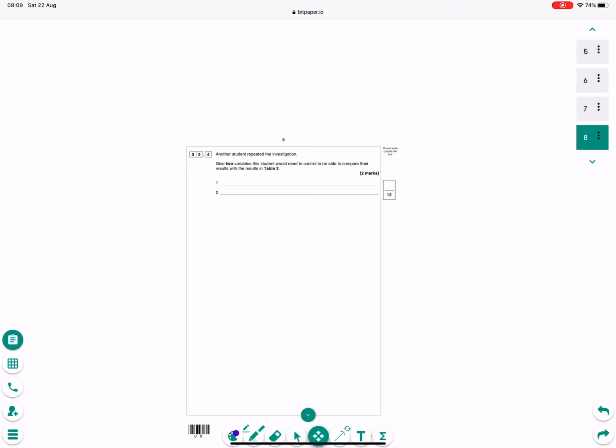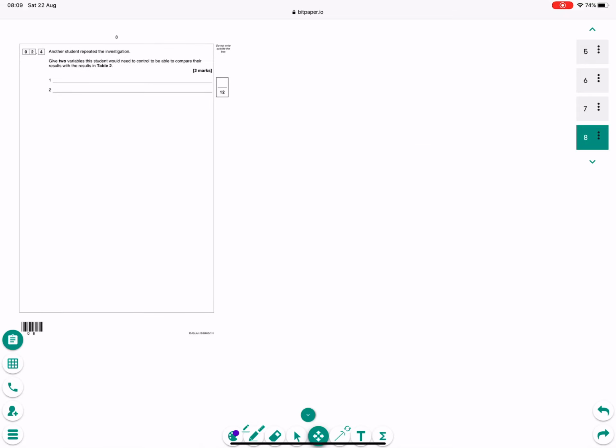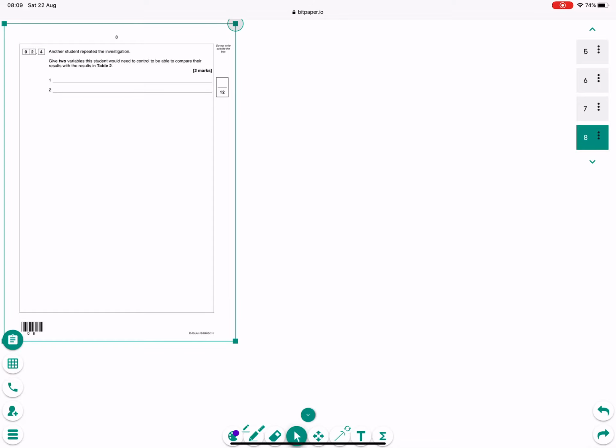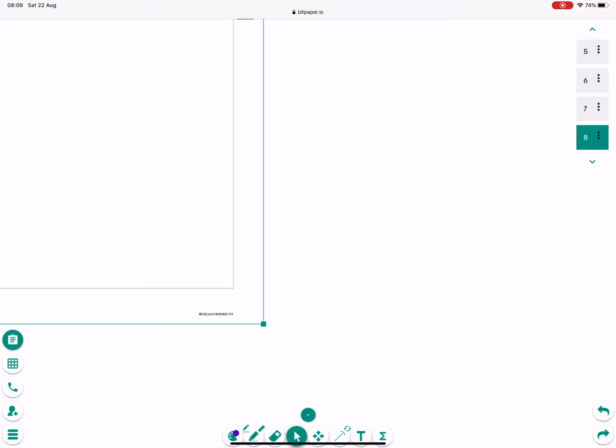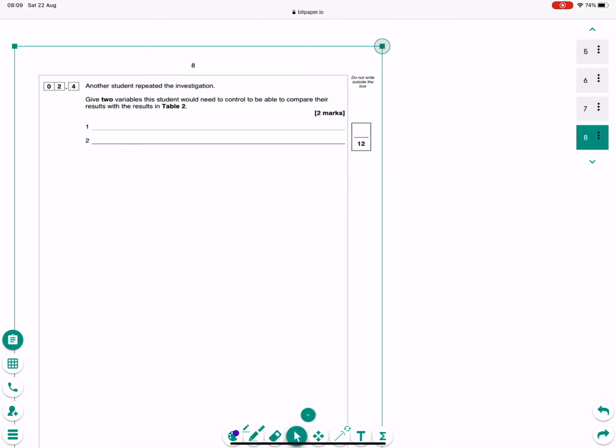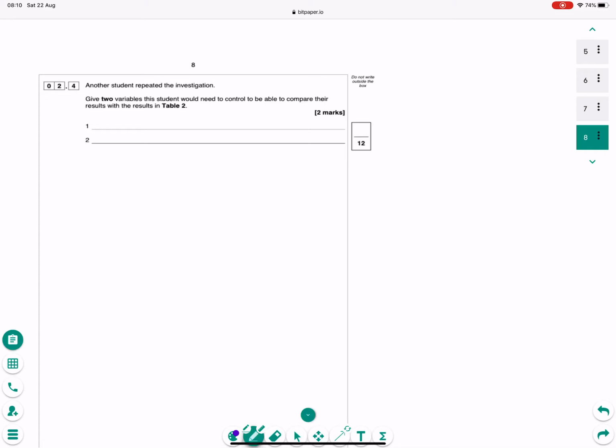One last bit here. It says another student repeated the investigation. Give 2 variables the student would need to control to be able to compare the results with table 2. To make them comparable, you're looking to keep certain variables the same.